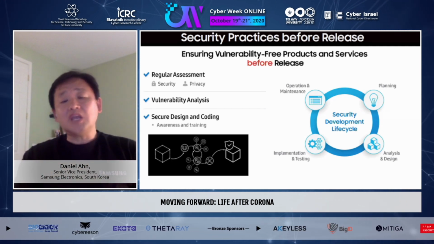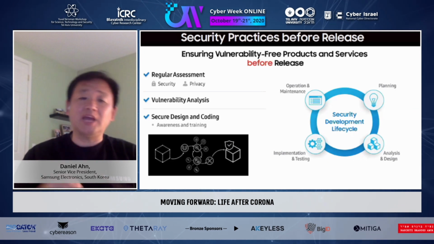To achieve this goal, we have to have regular assessment of products and services in the context of security and privacy requirements. Through this regular assessment, we can understand weak points and potential risks in products and services, and then we have to go through rigorous vulnerability assessment and analysis as well.